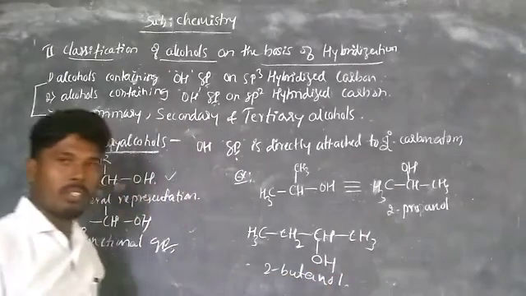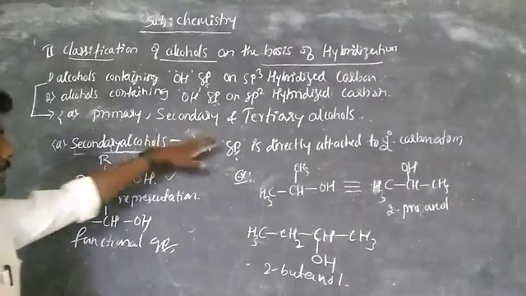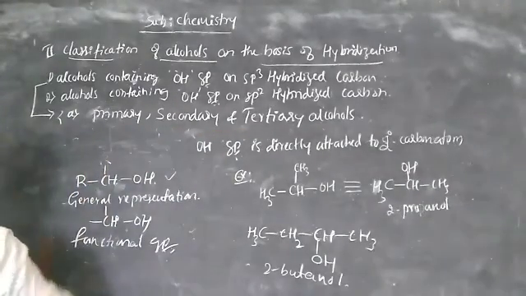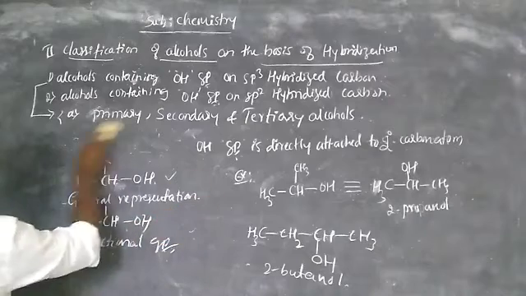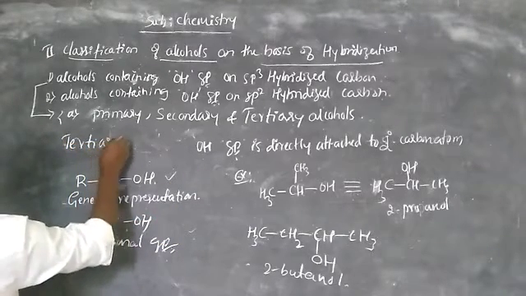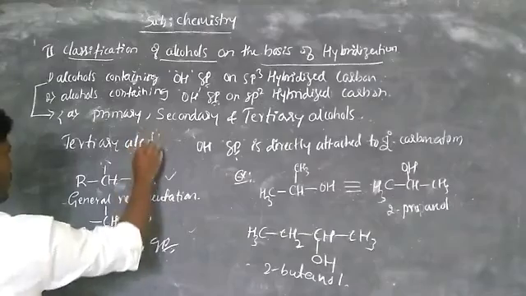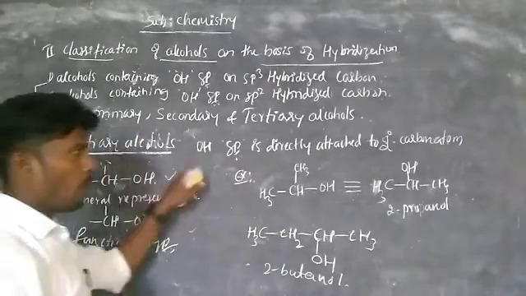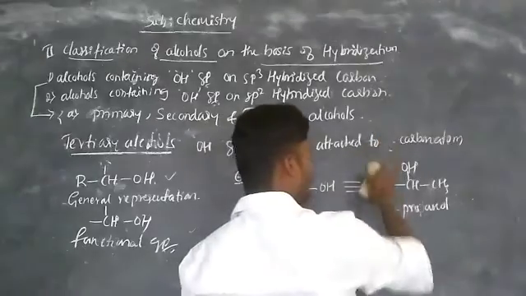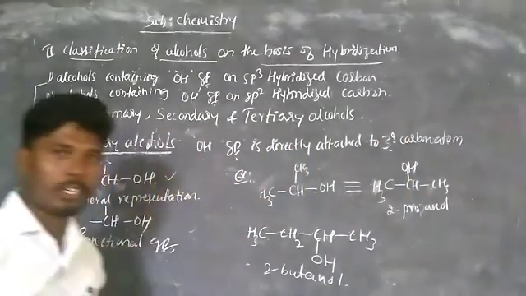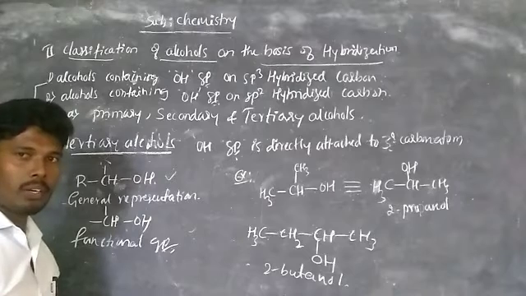Similarly, the third one is tertiary alcohol. So what does tertiary alcohol mean? Tertiary alcohols are the alcohols in which the OH group is directly attached to a tertiary carbon atom. Such a resultant compound we call a tertiary alcohol.